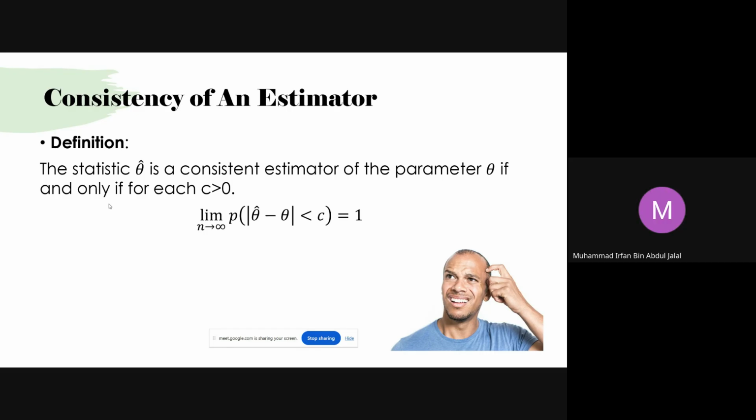If you have any other questions, you can ask. If not, then we can move to the second part of this lecture, which is the consistency of an estimator. Okay, students, if you have any question now, you can raise it now, or if not, we can proceed with the next property, which is consistency. Yeah, Ali Matun.